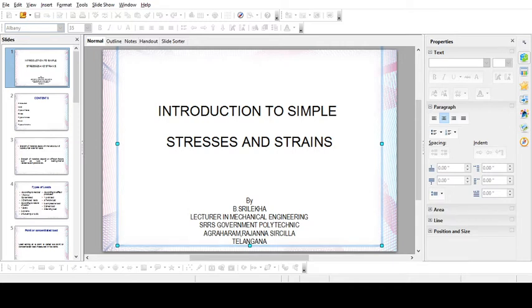First, according to the manner in which they are applied, we have point or concentrated load. Point load or concentrated load. The second one is distributed load.